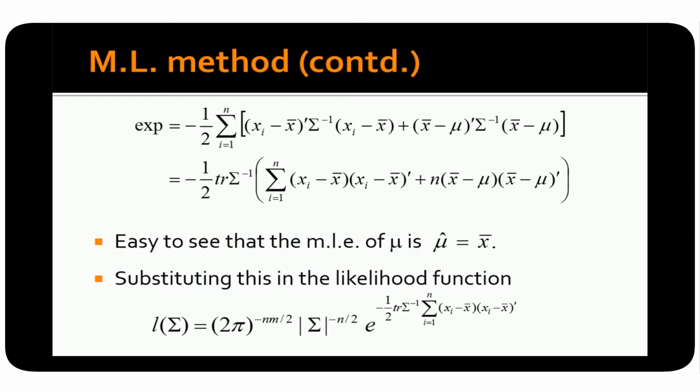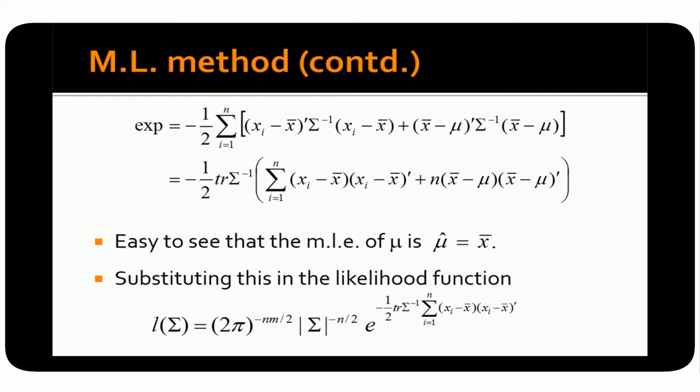And you know these are scalars, so we can always write the trace of this, and if we take the trace, then we can bring the sigma inverse in front. So we have this as trace of sigma inverse times summation i equal to 1 to n, x i minus x bar into x i minus x bar prime, plus n times x bar minus mu into x bar minus mu prime.